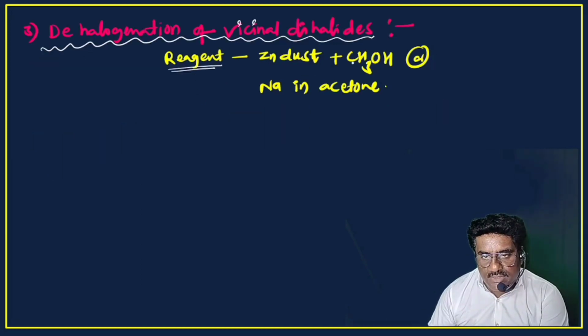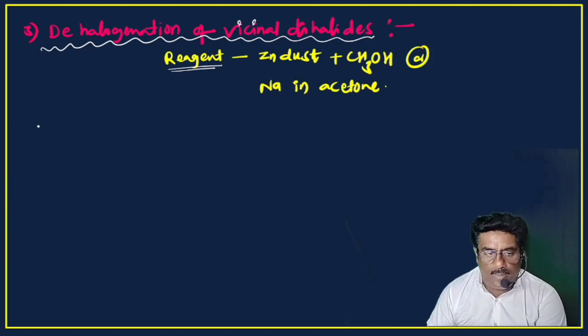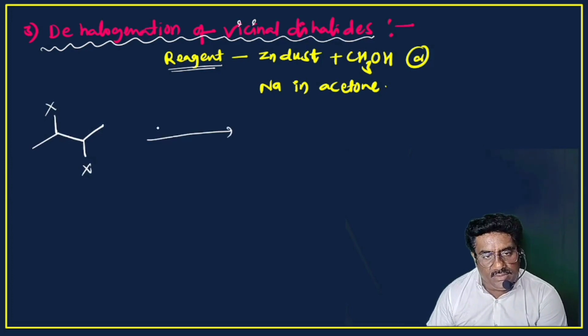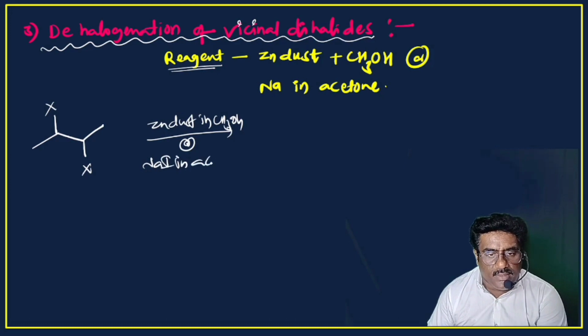Dehalogenation: zinc dust in methanol, or sodium iodide in acetone. If I am taking an example having halogens on adjacent carbons, it is a vicinal halide. In presence of zinc dust in methanol CH3OH, or sodium iodide in acetone, what is the product?